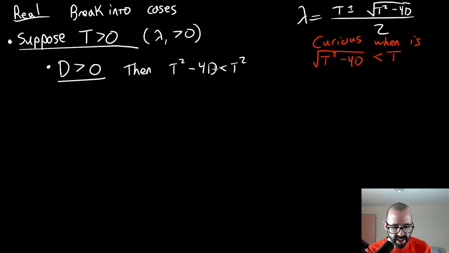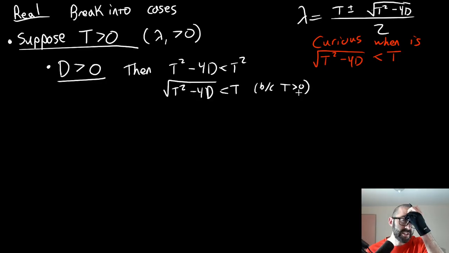Anyway, fortunately for us, as long as t is positive, we can square root both sides and preserve the inequality. It's an interesting thought exercise to evaluate why this is true.